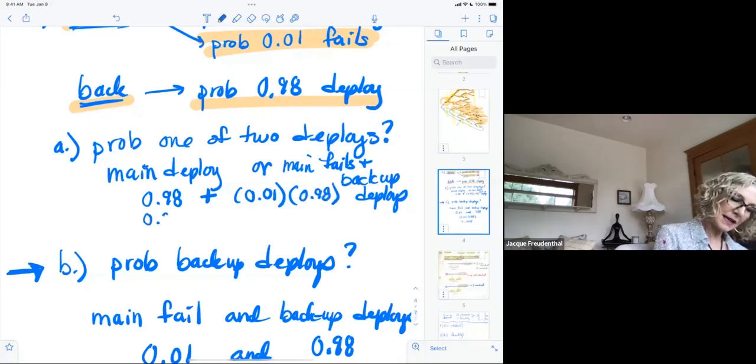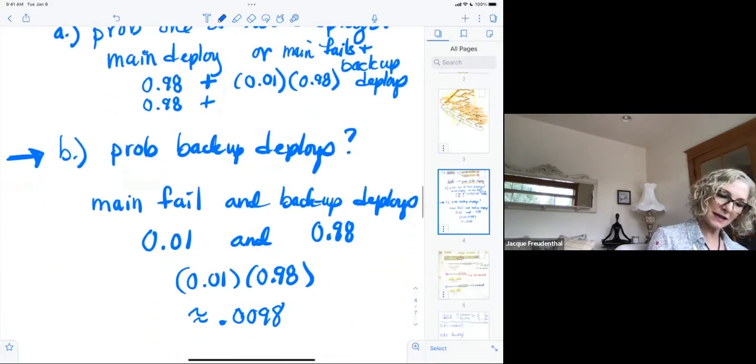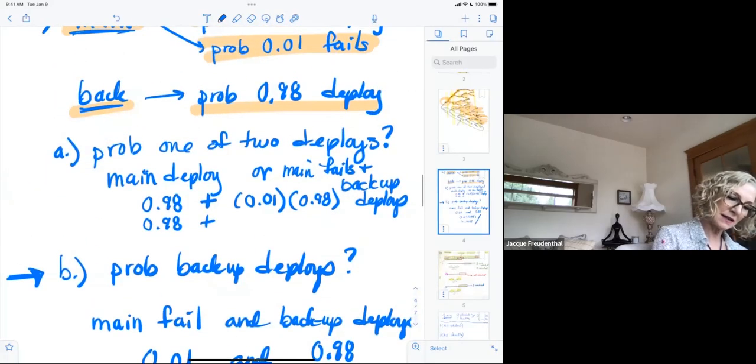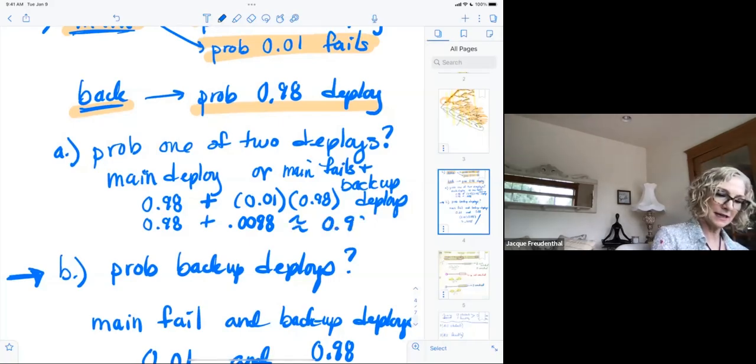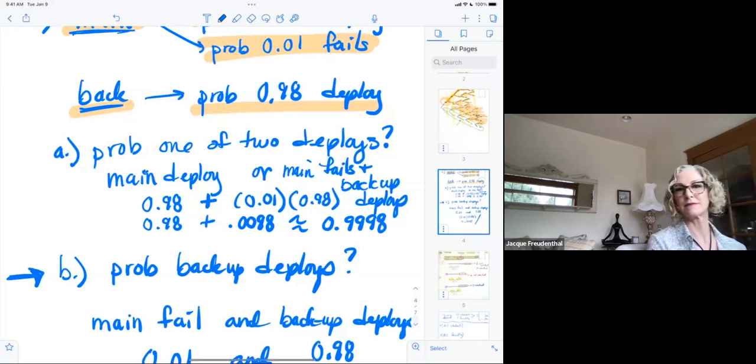So 0.98 plus, we just calculated that right here for the second part, 0.0098. And then when I add those together, I get 0.9998.